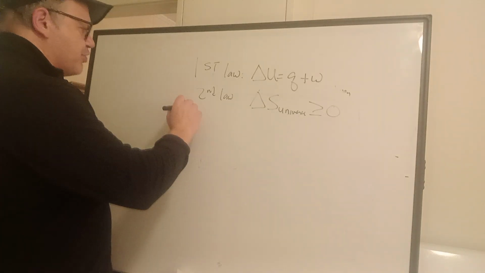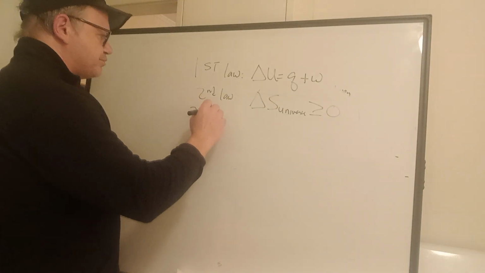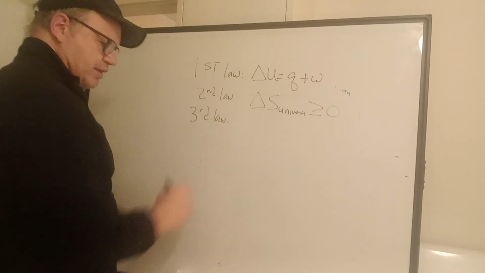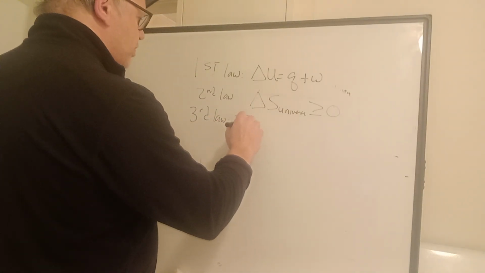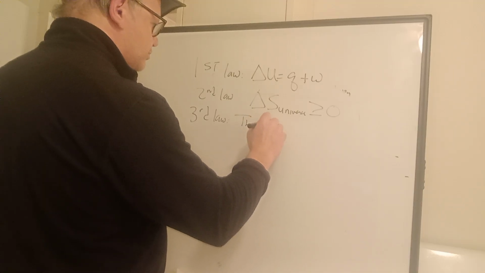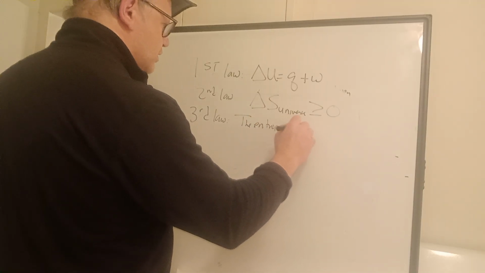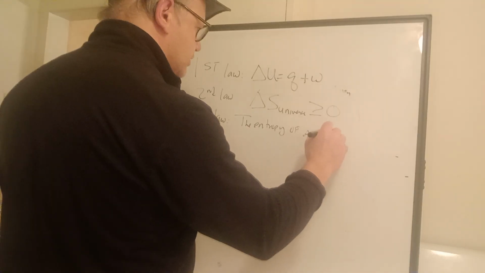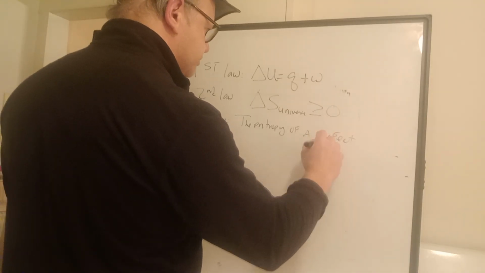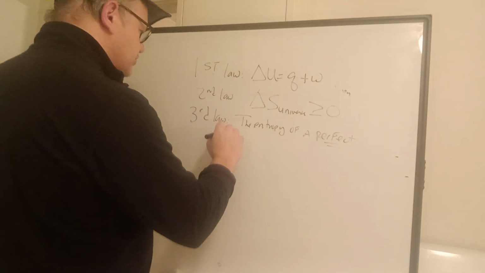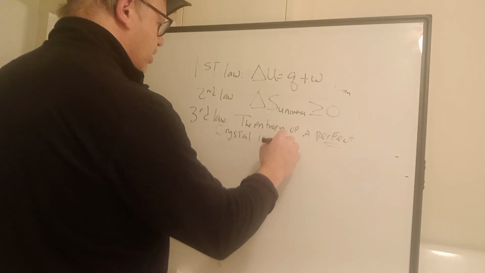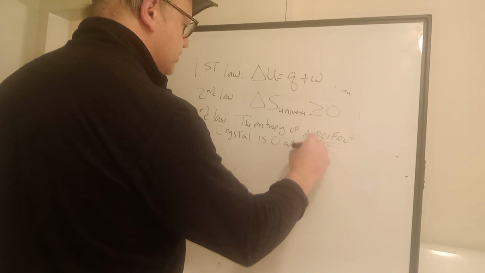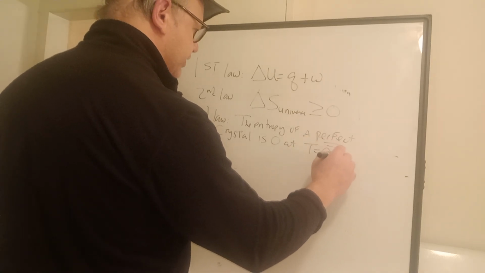And then there's what they call the third law of thermo. The entropy of a perfect crystal is 0 at T equals 0 Kelvin.